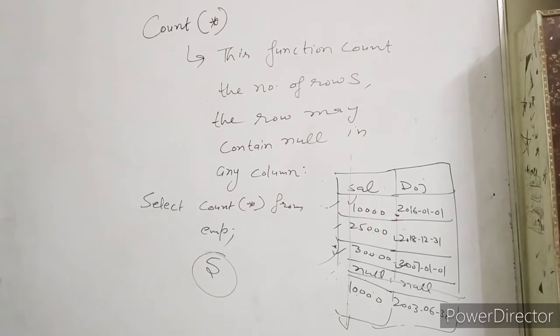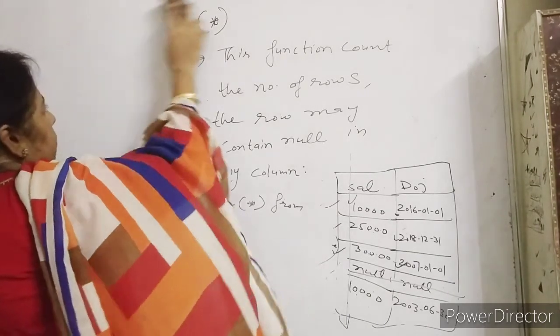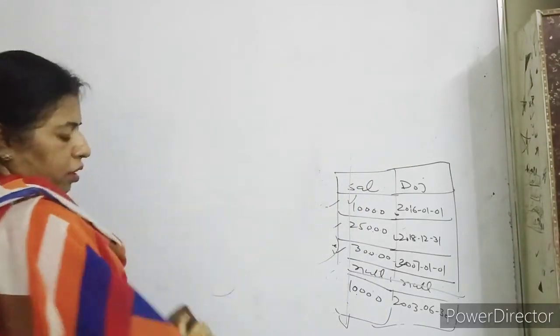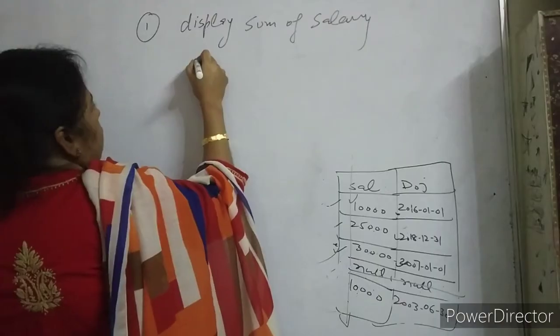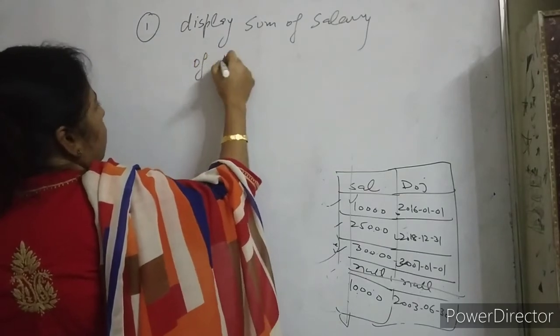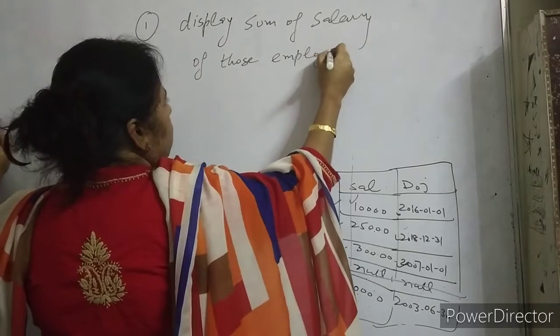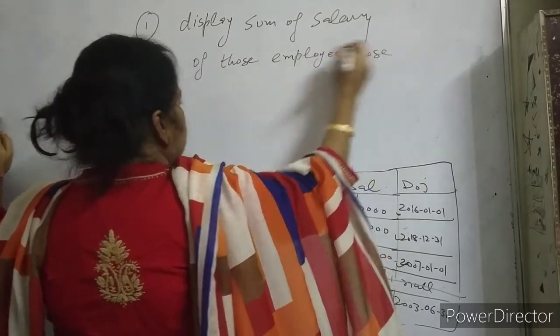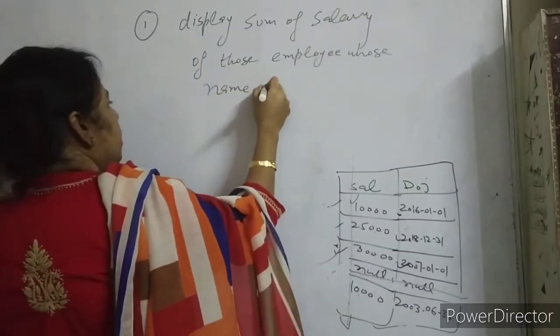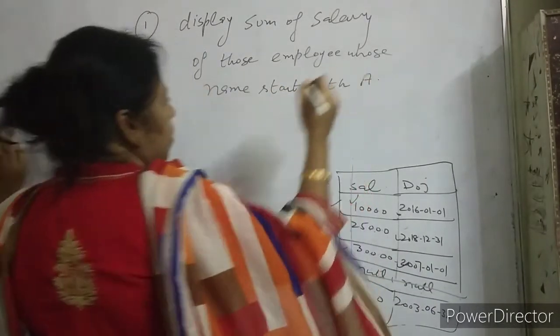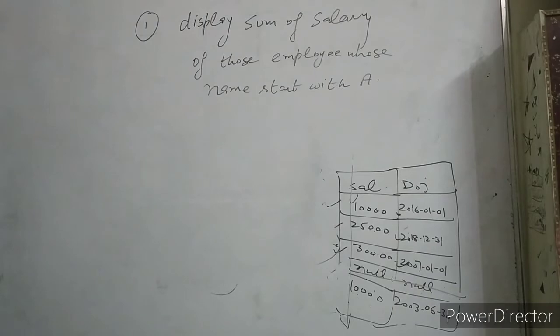First, calculate the sum of salary of those employees whose name starts with A. Okay? Whose name starts with A.